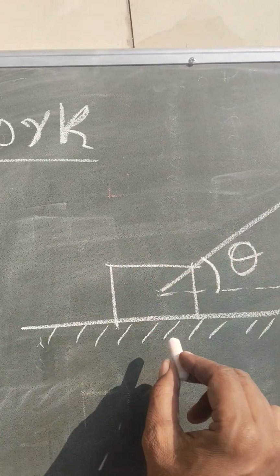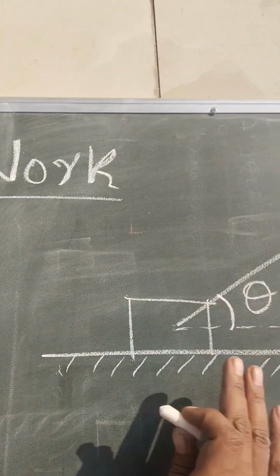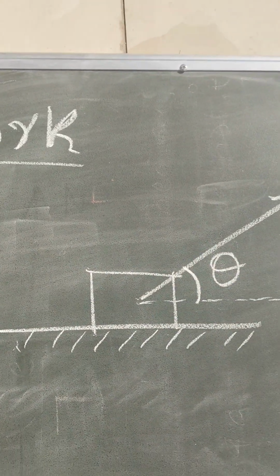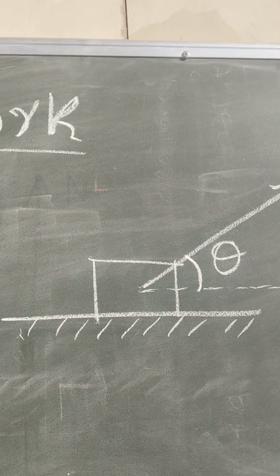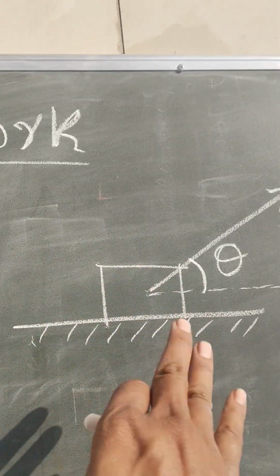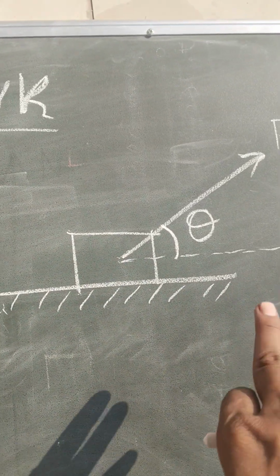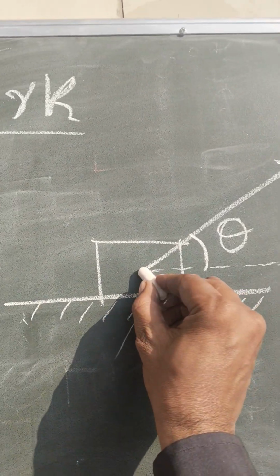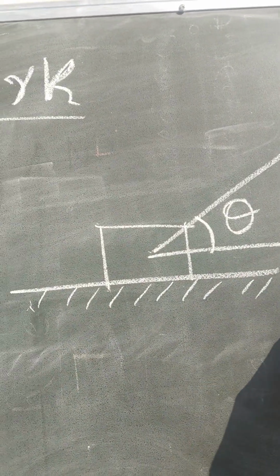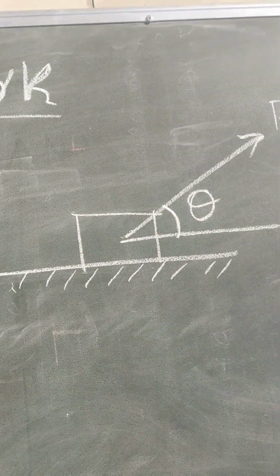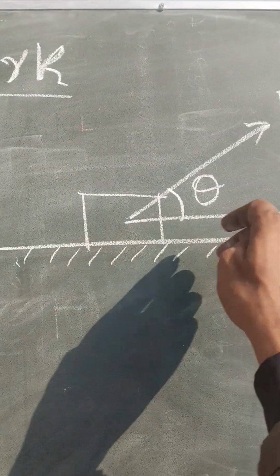Suppose this body is only allowed to move over the plane in which it is placed. So it only moves in a direction on the plane. So the direction of motion would be in this direction. Suppose this is S. So the direction of S is this.